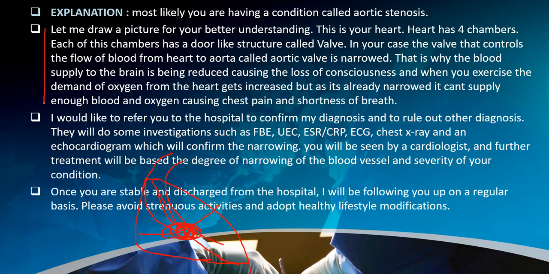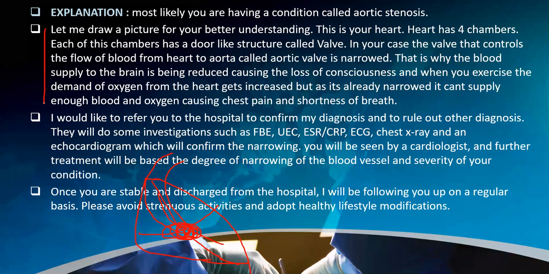So your explanation is not just explaining things like just saying the definition of a condition. It's not like that. Your explanation should correlate with the patient's symptoms so that the patient understands why I am having these symptoms. That's one of the important things most of the candidates forget to do.